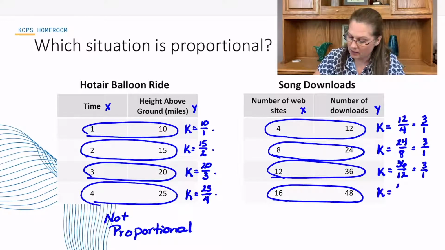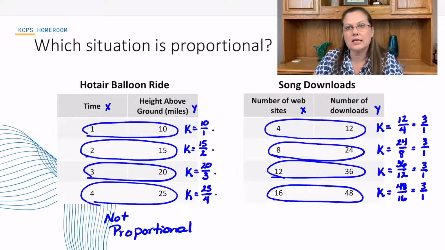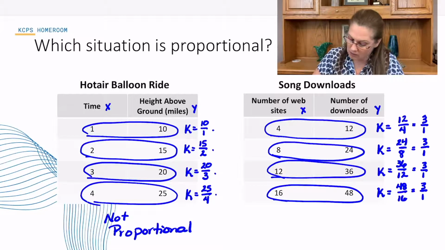And then our final is 48 sixteenths. Both can be divided by 16, so that's 3 over 1. You'll notice that each of these constants of proportionality is 3 over 1, or 3. So this particular table is going to be proportional.